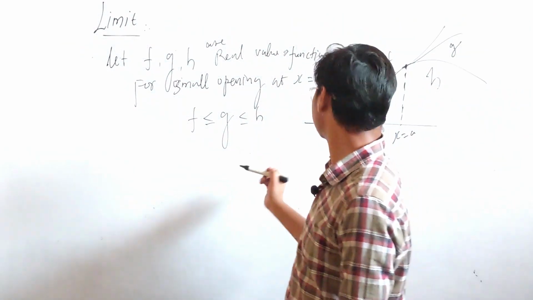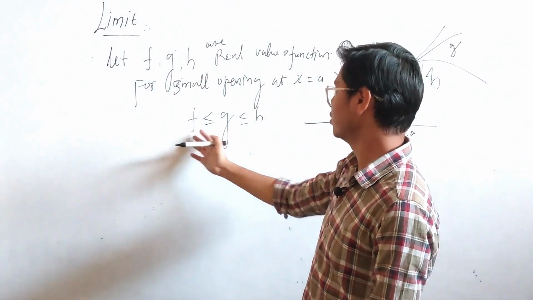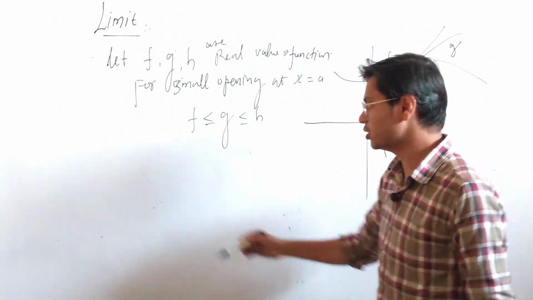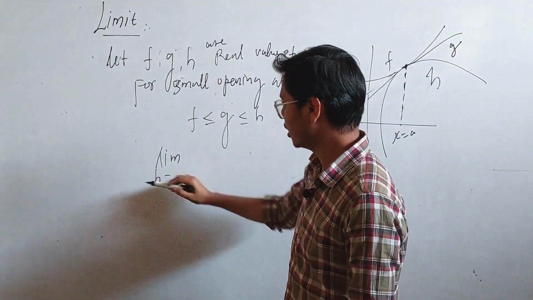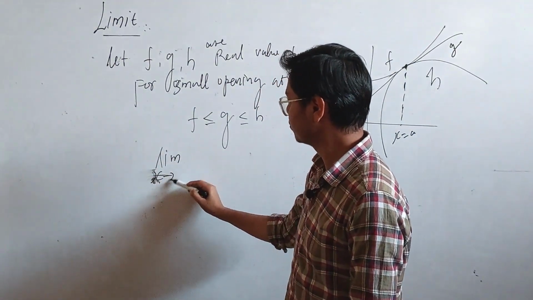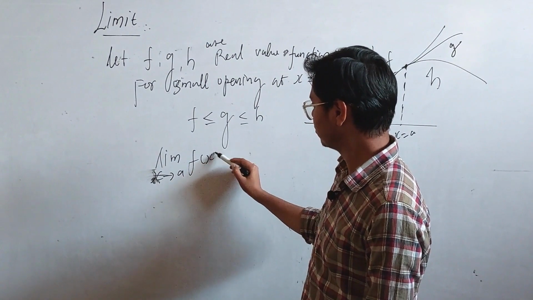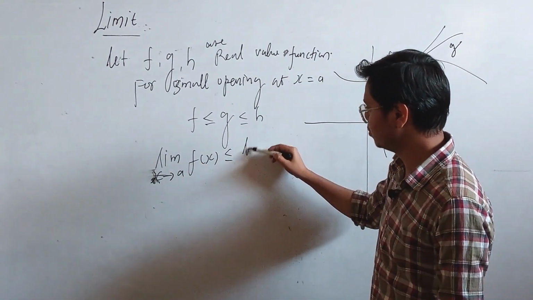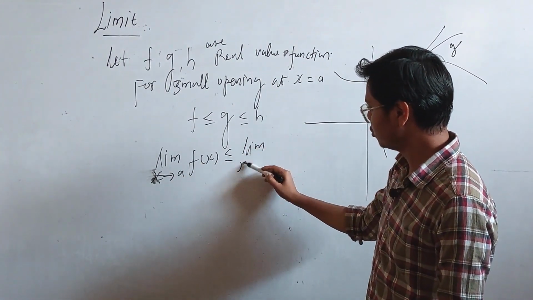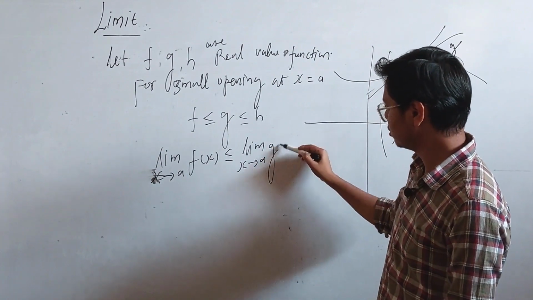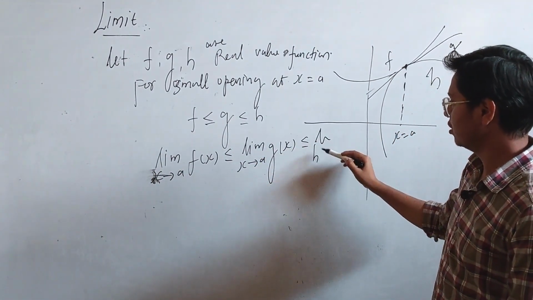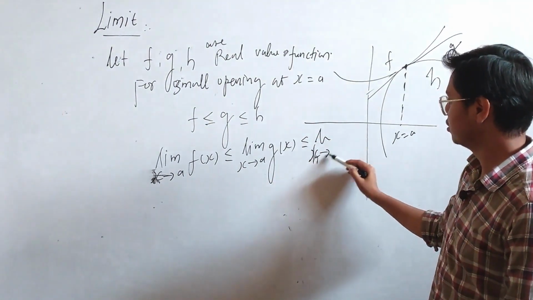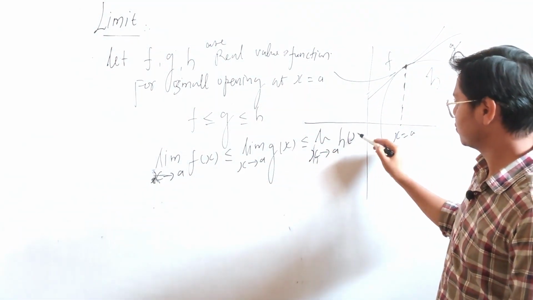So if we take the limit on this inequality at x is equal to a, that will become limit x tending to a of fx is less than or equal to limit x tending to a of gx, less than or equal to limit x tending to a of hx.